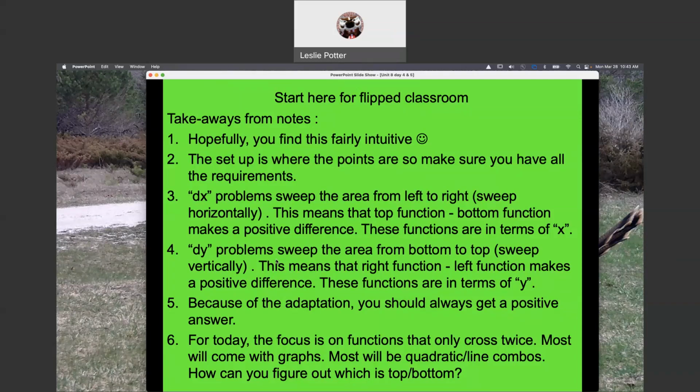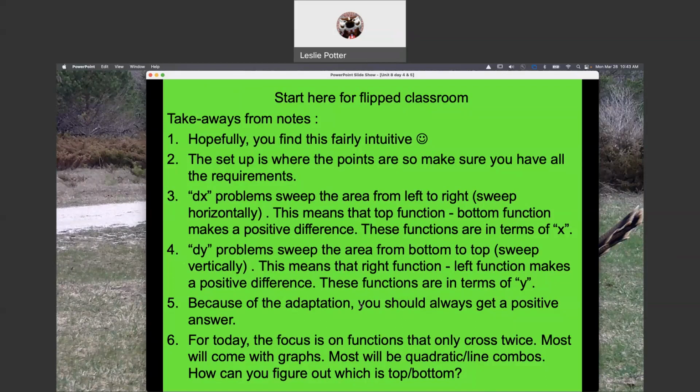But if we get the function as x equals and leave it in terms of y, we can integrate it like we integrate everything with respect to x. And again, now instead of top minus bottom, I'm going to take right minus left, because the right function is the bigger function. It's farther along the x-axis. And so if I go right minus left, I'll always get a positive difference, even if I'm over on this side of the vertical axis.